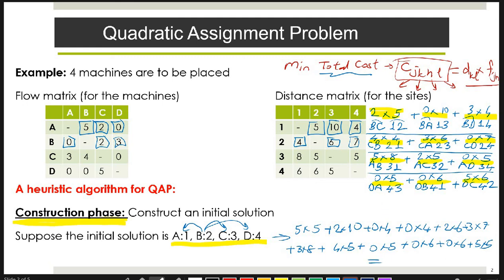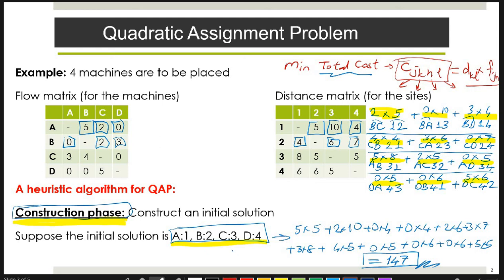And if you calculate this one, the total cost will be 147. Okay, this is the cost corresponding to this solution. And this is the so-called construction. What we do, we calculated an initial solution.